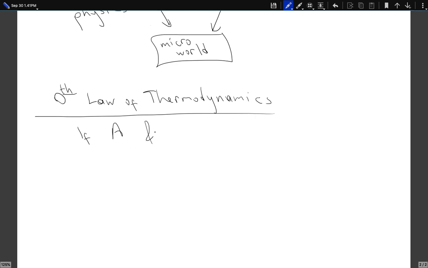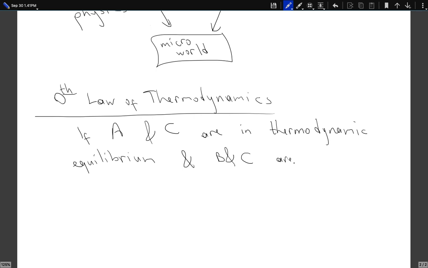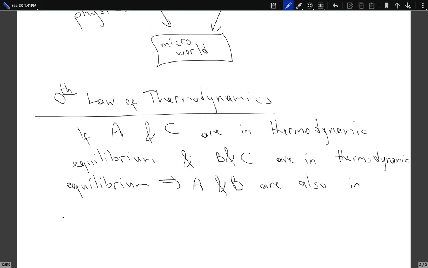Basically, if A and C are in thermodynamic equilibrium, and B and C are in thermodynamic equilibrium, then A and B are also in thermodynamic equilibrium.